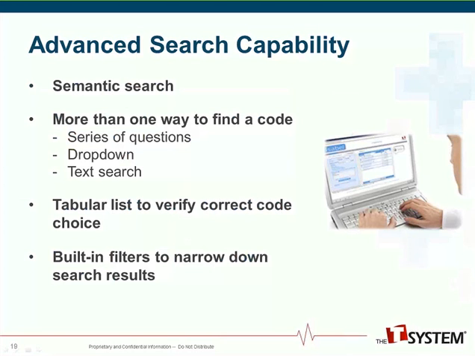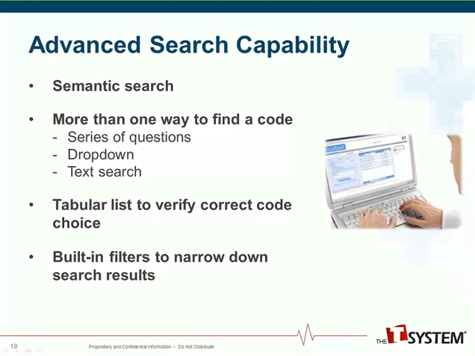Because coders are as unique as any individuals, so they don't all think the same way. If you're trying to have an encoder that is helpful to everyone, you have to help a coder find a code in a different way. Some of them like the series of questions. Some of them use a drop-down where they think more in a hierarchical fashion. And some of them can use the text search and know how to use it effectively.